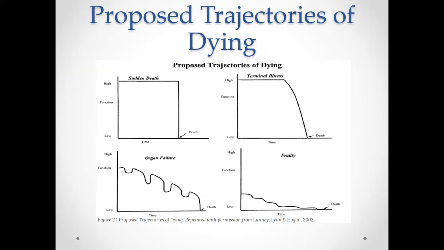Three distinct illness trajectories are outlined on this slide. Terminal illness, which is mostly cancer, shows a trajectory with a steady prognosis and usually a clear terminal phase with a sharp decline. Organ failure, often seen in respiratory and heart failure, shows a gradual decline, punctuated by episodes of acute deterioration and some recovery, although often not returning to the previous level of function or independence.